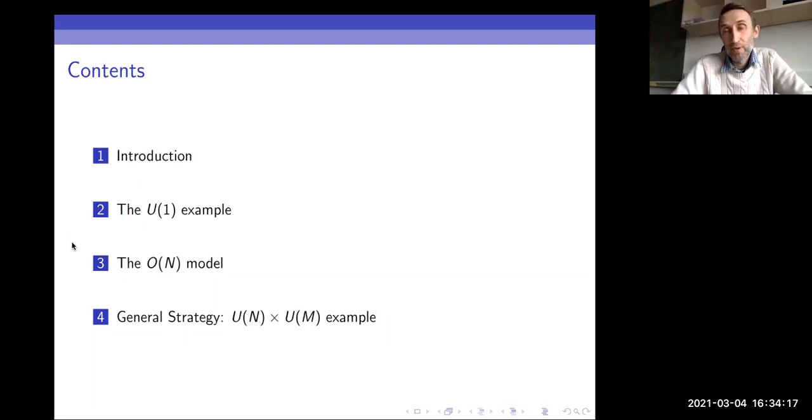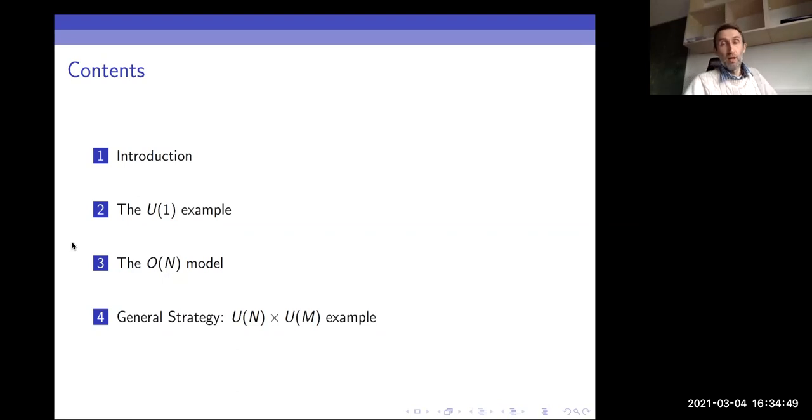And then I'll have a couple of examples in the time-honored U(1) and O(N) models, where I will try to set up our technical methodology of calculating things in as simple a way as I can, before I go to the general strategy and a more complicated example of the linear U(N) times U(M) linear sigma model, where I will try to show you how we can extend the technology from the simple examples to calculate very complicated things for the conformal anomalous dimensions of the operators in this example of U(N) times U(M). Okay, with this, let me start.